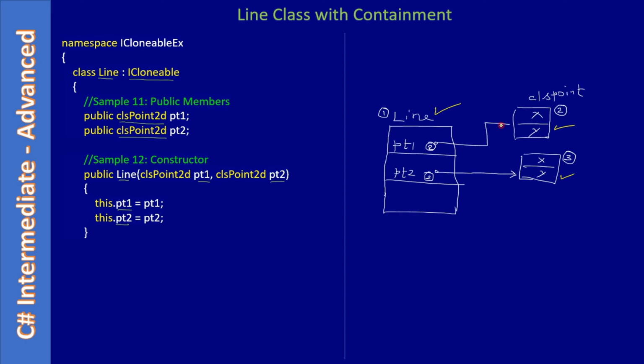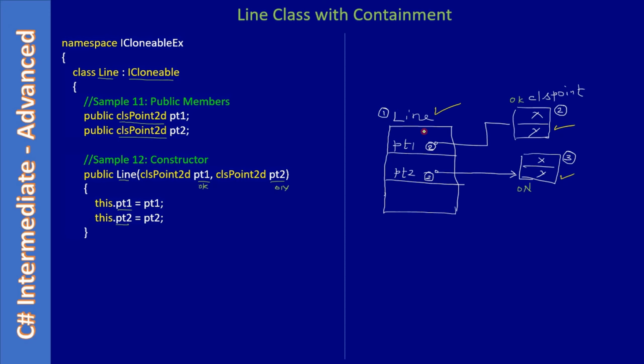So let's say for example, 0k and 0n are the locations, and whatever the caller passes is that location, 0k and 0n, and that location only we are storing here.